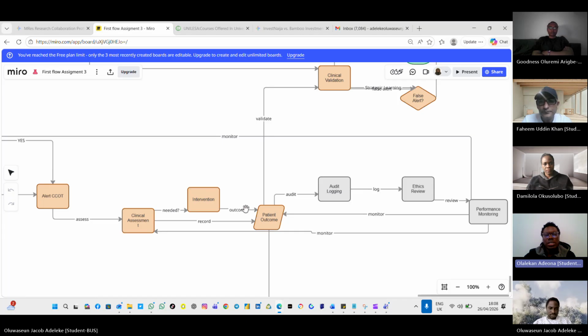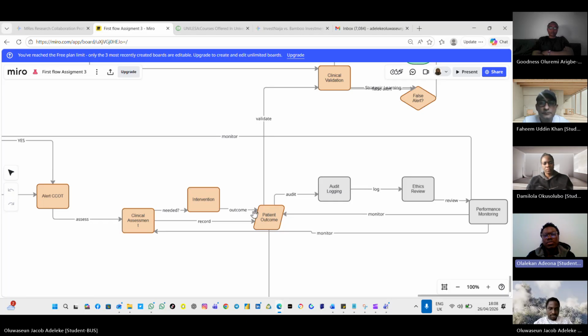If the clinician confirms that the patient is at risk, then an intervention is carried out. This might include giving medication, providing oxygen, giving CPR, or escalating the patient into intensive care. In all this process, the key thing is that no treatment happens without a human decision.